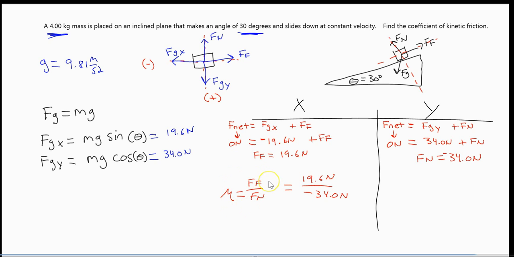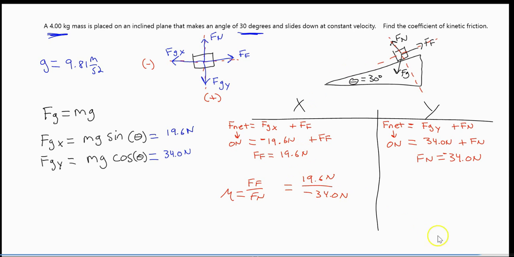All it can do is relate magnitudes. Because what if we applied a force to push the block up the plane? Well, the coefficient of friction wouldn't change, but the direction of our force of friction would, because the force of friction would try to stop that motion and it would point down, so our sign would change.